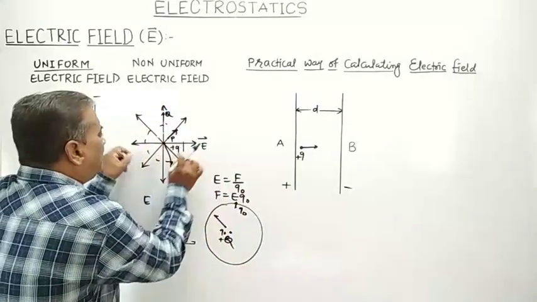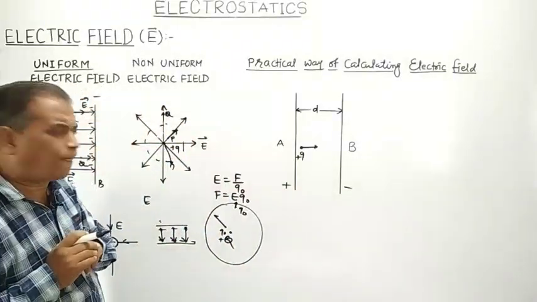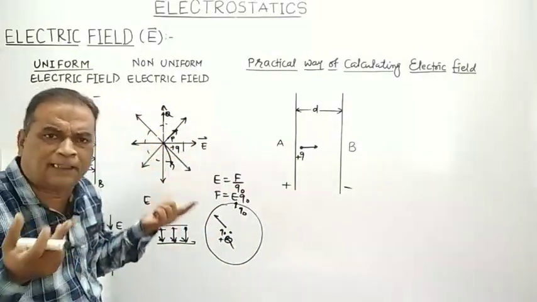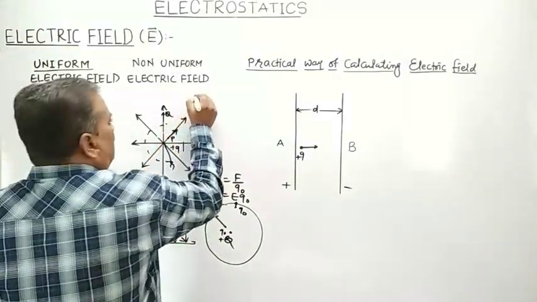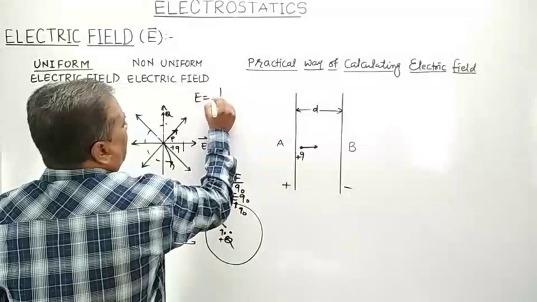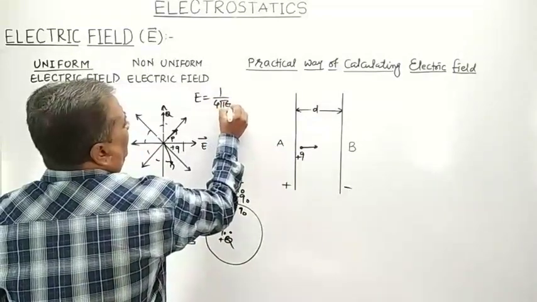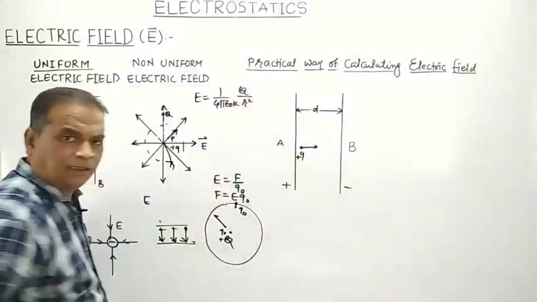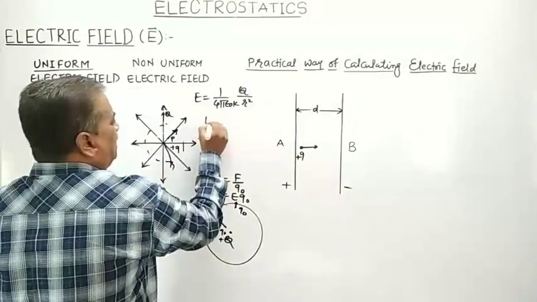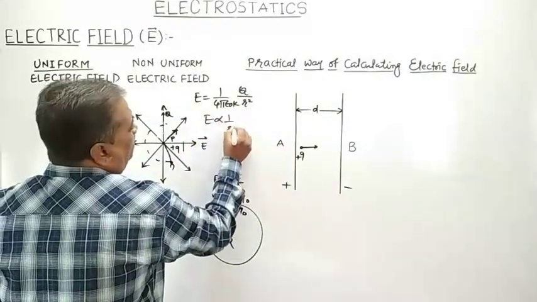Every point on a sphere of radius r is at the same distance r from a given charge, and we know that electric intensity E is equal to 1 upon 4 pi epsilon 0, k q divided by r square. Means E is inversely proportional to r square.